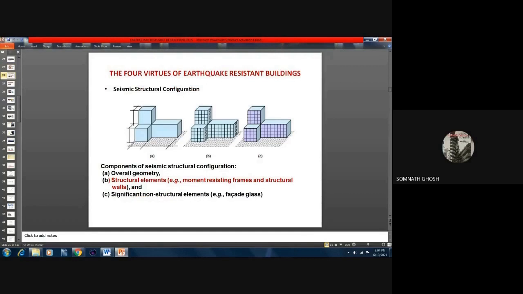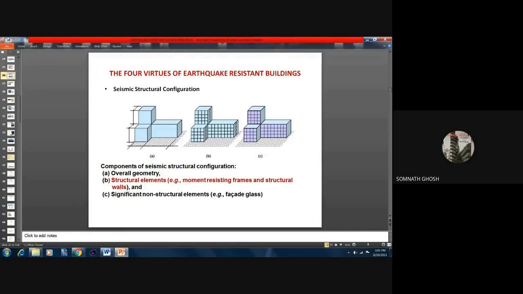Now you see, there are four virtues of earthquake resistant buildings. If you go through any book, they will always tell you about these four virtues. One is overall geometry, then the structural elements, whether it is a moment resisting frame or it is having a shear wall, and the significant non-structural elements, facade and all this.